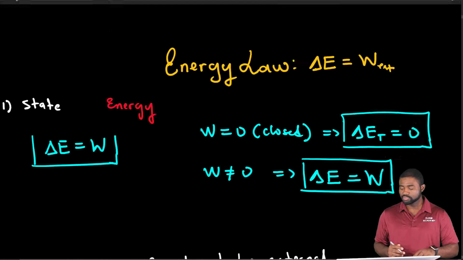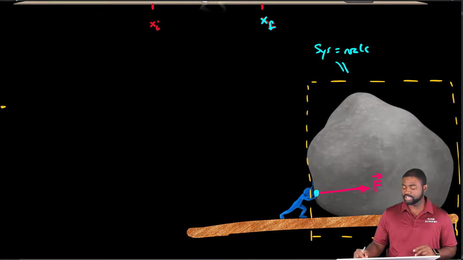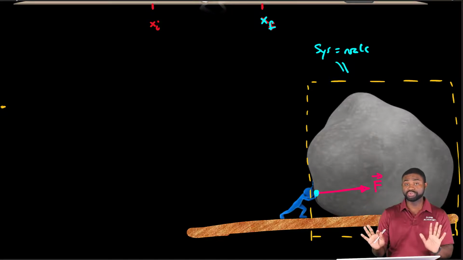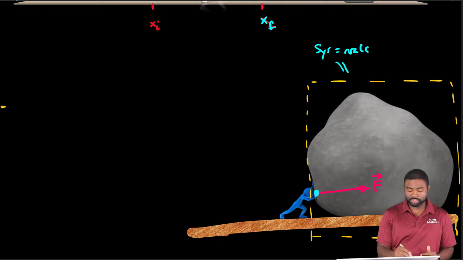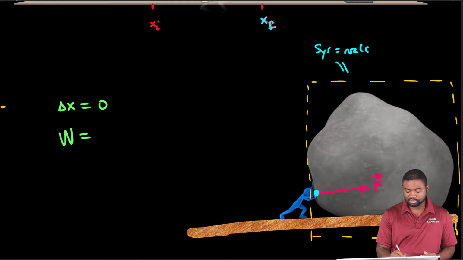What about this scenario in which there is a force, but there is no displacement? He pushes on a very large stone. Even though he exerts a force, delta X is equal to 0. If delta X is equal to 0, W, which is Fx delta X, will be equal to 0.